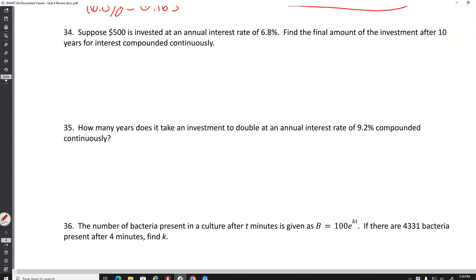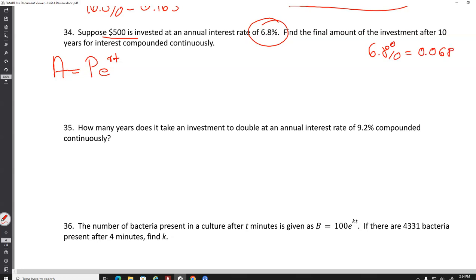He says to suppose you have $500 invested. Again, my formula is A equals the initial value times E raised to rate times time. So I have $500, and the rate is 6.8%, which is 0.068 as a decimal.